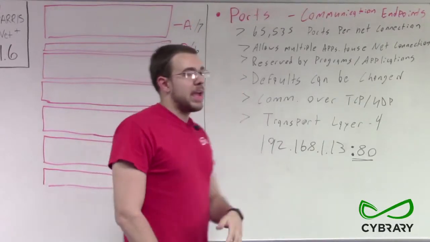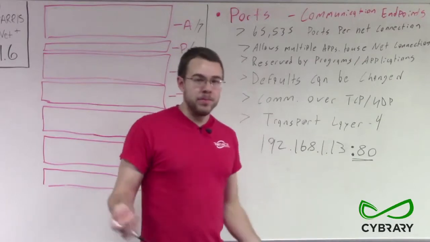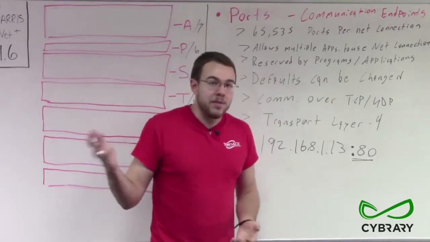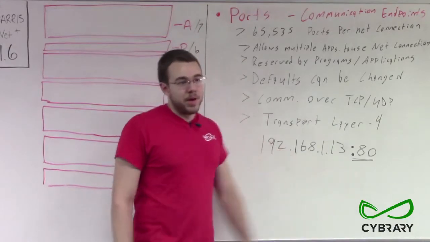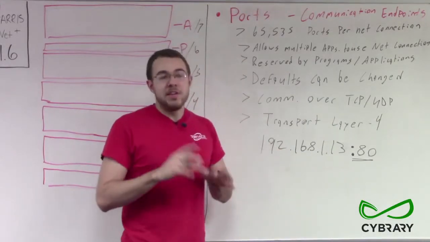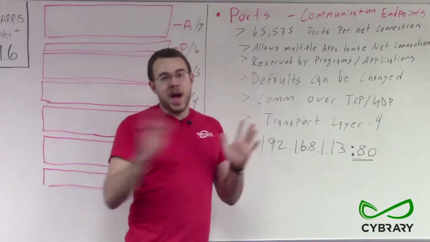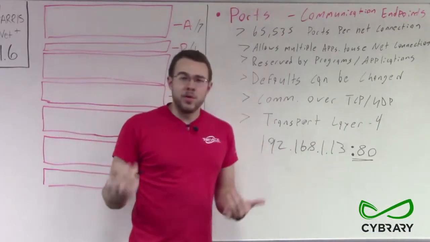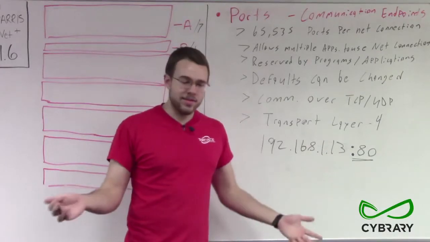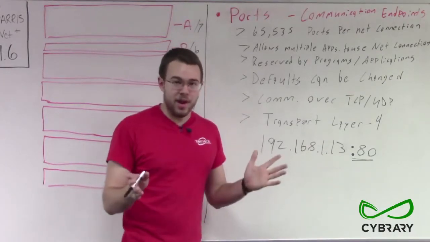If you set up an IP camera in your home, you may have a web login page for that IP camera that is not port 80. But if you were to go to HTTP and then the IP address of your IP camera, it wouldn't load the page. And you say, well, why isn't it loading the page? This is the right address.